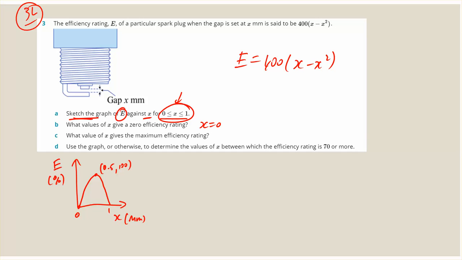Use the graph to find the values of x for which the efficiency rating is 70 or more. For this question, you've got to interpret. You want the efficiency rating to be 70 or more, so it'll be wise to work out the intersection between the equation and 70. You can do this graphically, or you can do it algebraically.